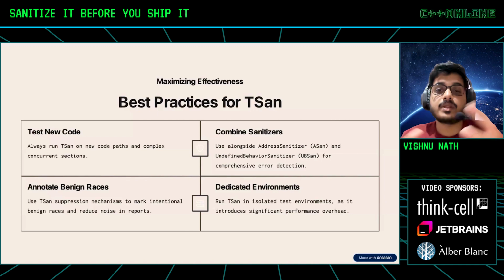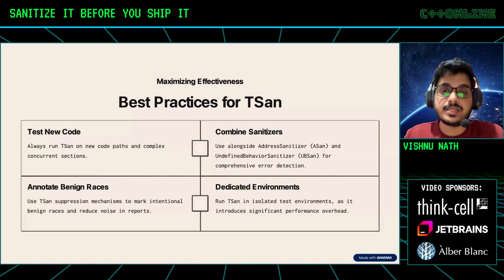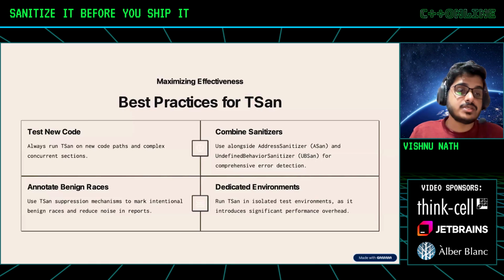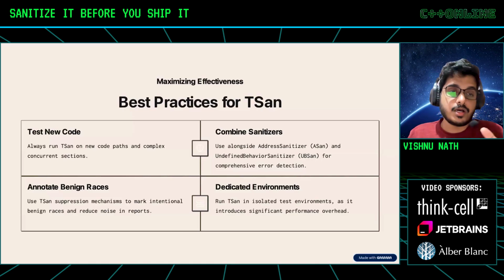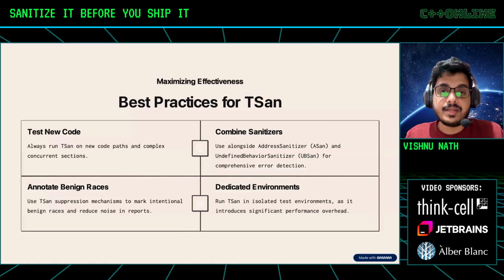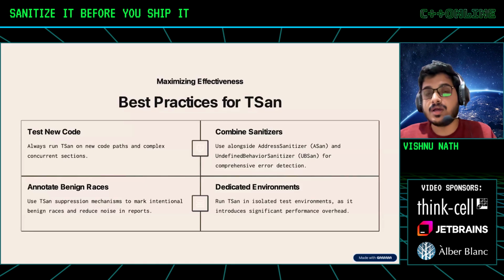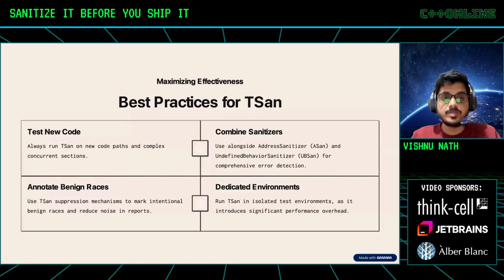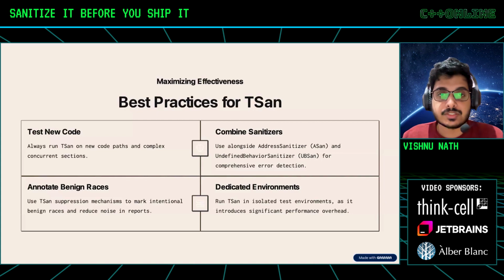So use comprehensive error detection: use ThreadSanitizer along with AddressSanitizer and UndefinedBehaviorSanitizer. And annotate the benign races. Use TSan suppression techniques to annotate the unwanted data races. For example, some data races may be deliberate, right? So those can be annotated. And always use TSan in a dedicated environment, not in production, or use a simulated environment, because TSan is a little bit slow. That is one limitation of TSan. So use TSan in dedicated environments.